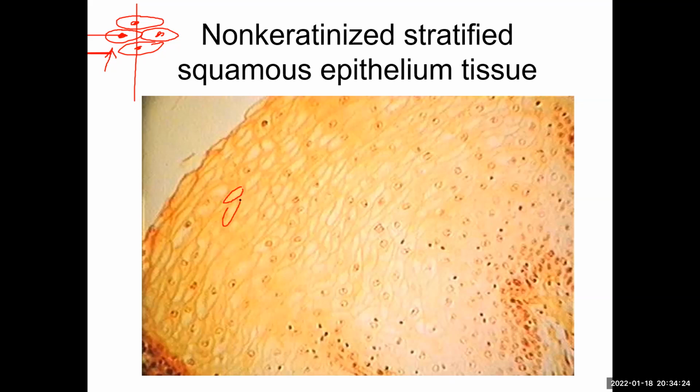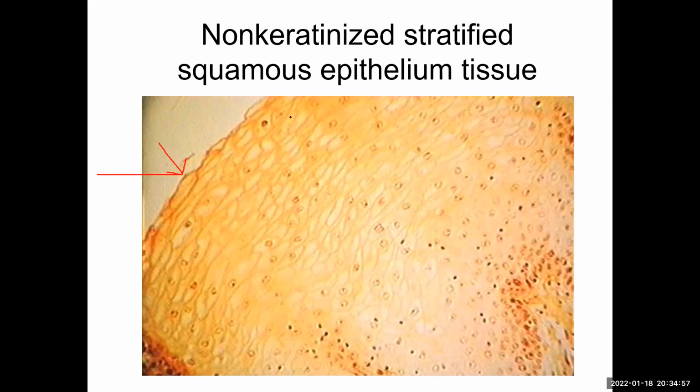We don't see any nucleus here either. Keep in mind when we made this slide and sliced that tissue, the nucleus could have been to the left or the right of our slice, and it just didn't make it into this picture. So that's why I always tell folks, when you're looking at the picture, always go to the top. And if you can find one nucleus, then it's going to be non-keratinized. So this is non-keratinized stratified squamous epithelium.